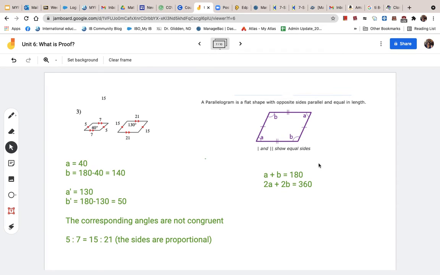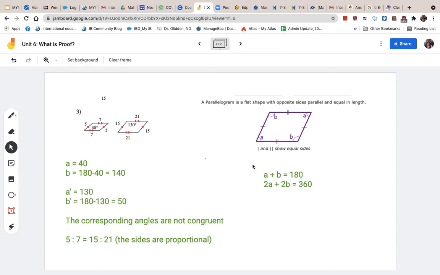But right now, just keep in mind that in a parallelogram, you have two pairs of equal angles. When you add the two pairs up together, you will get 360. And if you just add one of each, A plus B, that will be 180.